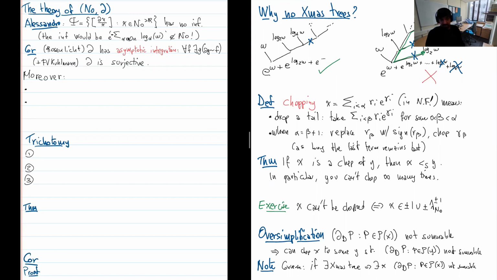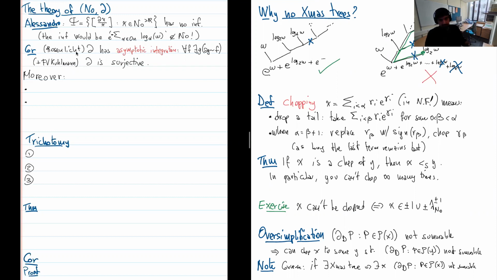That is not allowed because this is a proper class. So the normal form of this exponent is not of the right shape. It's too big.